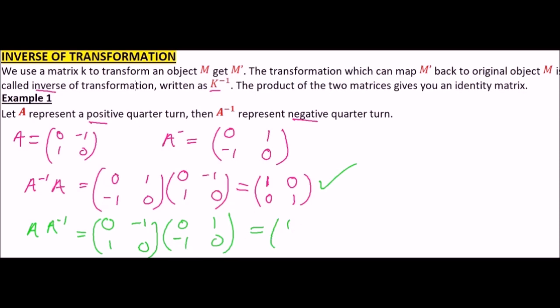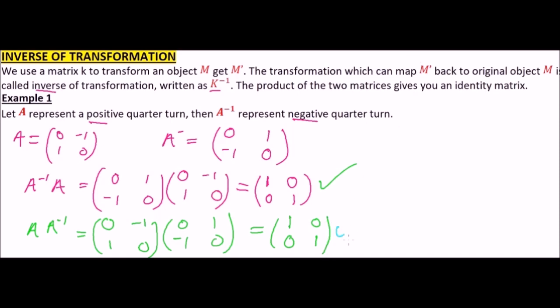So this is 1. Then 0 times 1 is 0, minus 1 times 0 will give you 0. Then we have 1 times 0 is 0, 0 times minus 1 is 0. Then we have 1 times 1 is 1, 0 times 0 is 0, 1 plus 0 is 1.